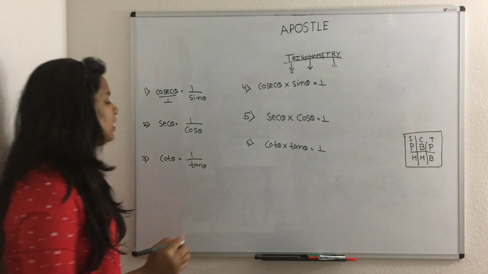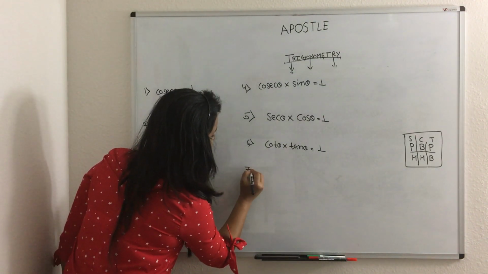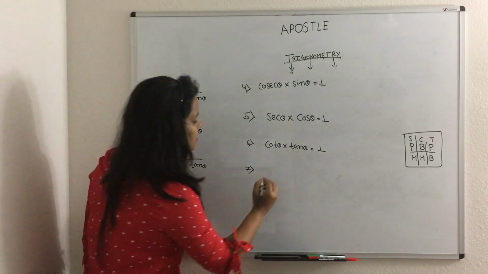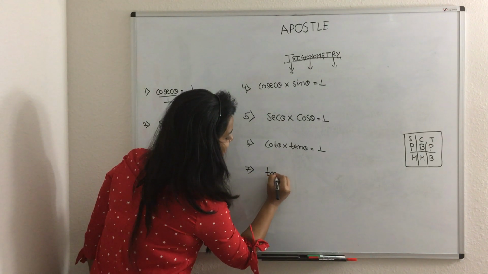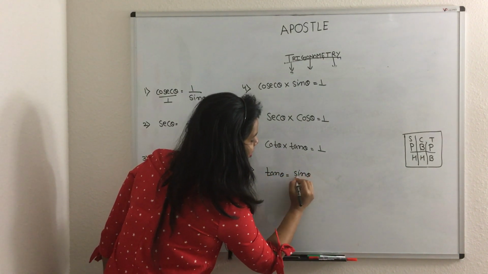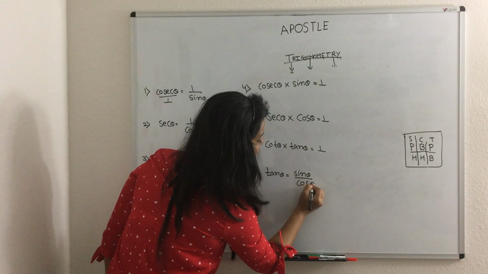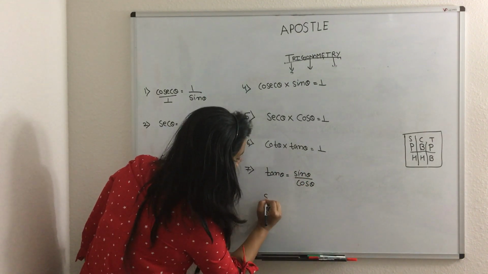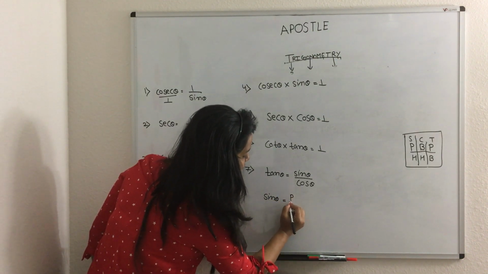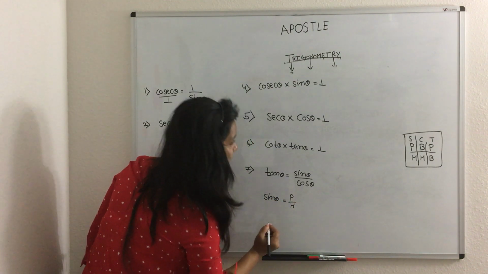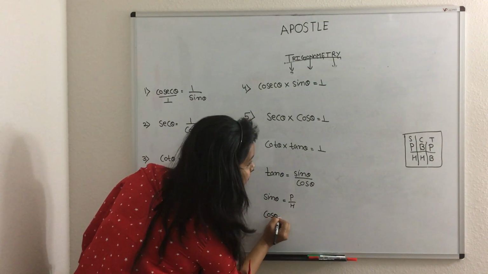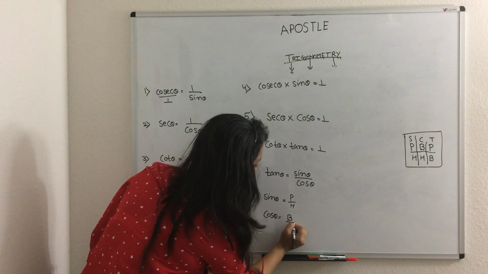And now the 7th important point is like this. We can also write tan theta as sine theta upon cos theta. We have to prove this. We know that sine theta is perpendicular upon hypotenuse, and cos theta is base upon hypotenuse.